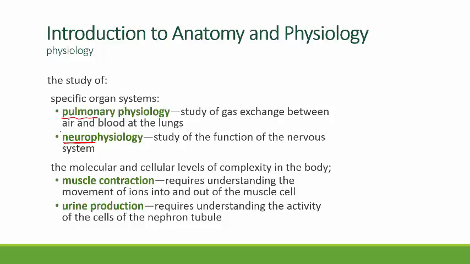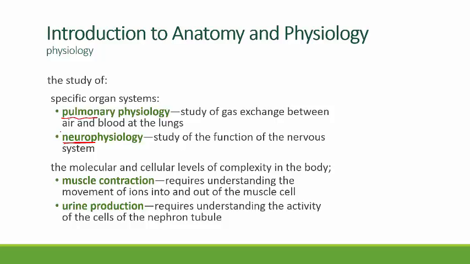So neurophysiology would look at the function of the neurons, the primary cells that are responsible for conveying information throughout the body. We can look at specific organs and organ systems, or we may dive even deeper, and this would be sort of the analog to microscopic anatomy.